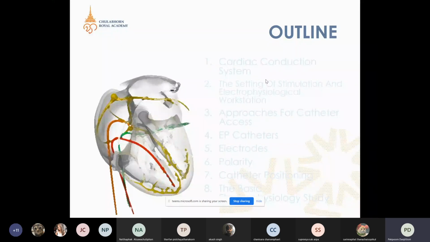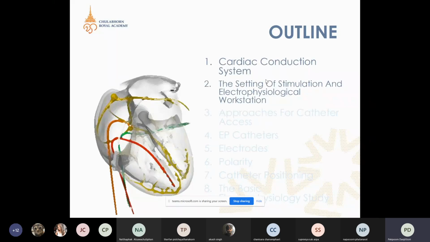For the outline, today I'm going to talk about the cardiac conduction system first, in order to review just a little bit before going deeply into the application of the EP catheter. Second, I'm going to talk about the setting of stimulation and the electrophysiological workstation.